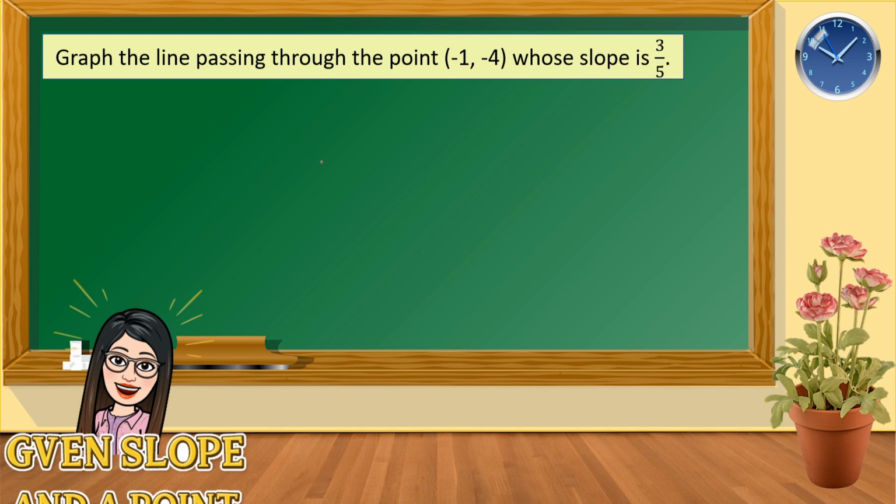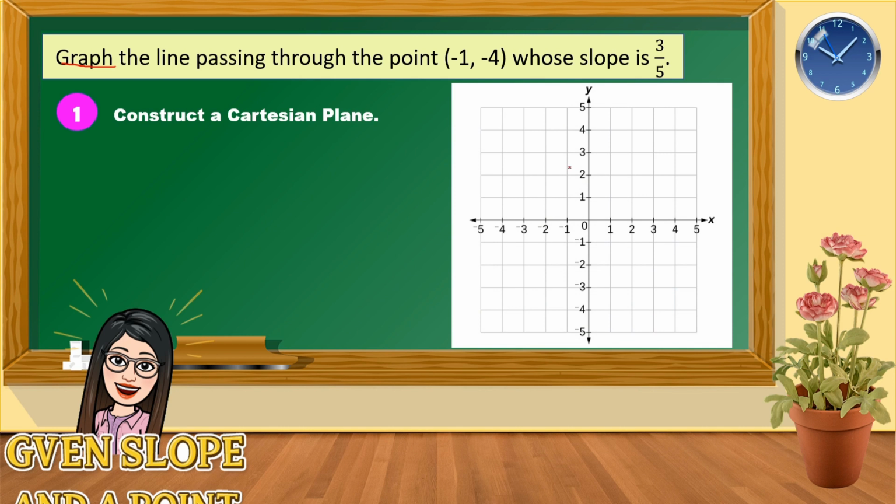Okay. So, again, meron tayong steps dito na susundan. The first step is we have to construct a Cartesian plane. Of course, we're going to construct a Cartesian plane because we will graph this in our Cartesian plane. There you go. This is now our Cartesian plane. Then the second step is we will now plot the point -1, -4.